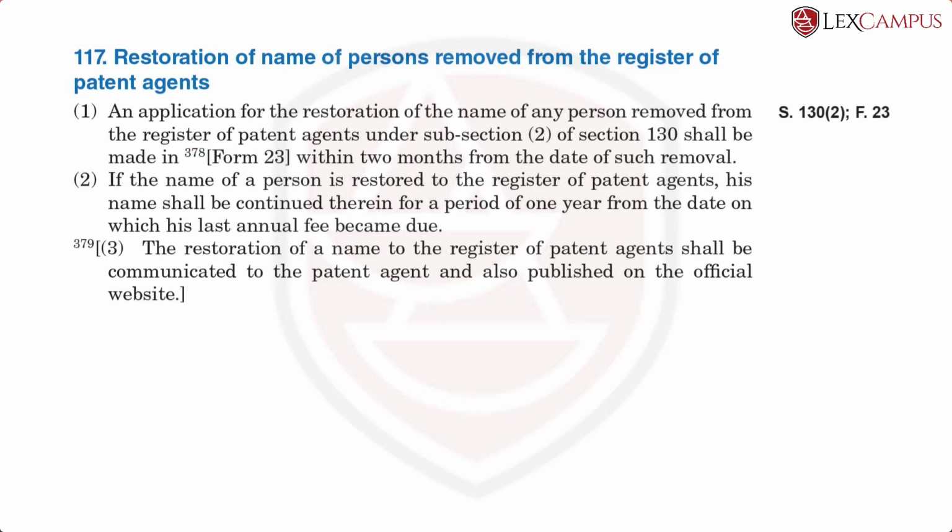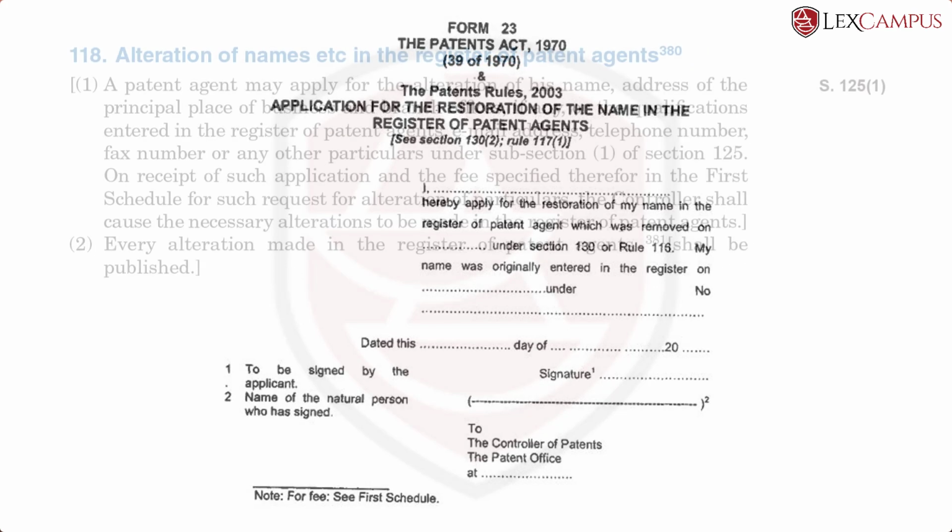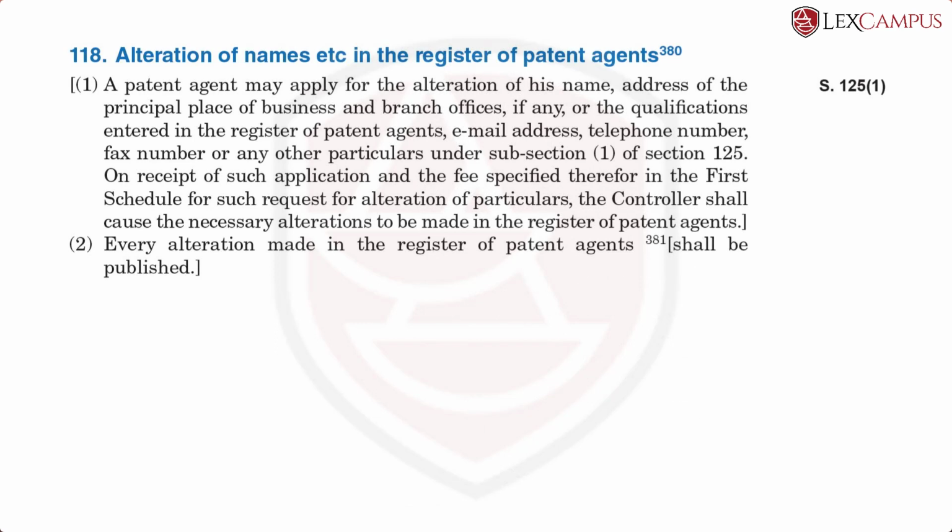Now, 117 deals with the restoration of name of persons whose names were removed, and form 23 is the form that is used for that, and 118 deals with the alteration of names in the register. Now, if some detail needs to be supplemented, change of address, change of email ID, telephone number, there are provisions to take care of that so that the register stands updated.